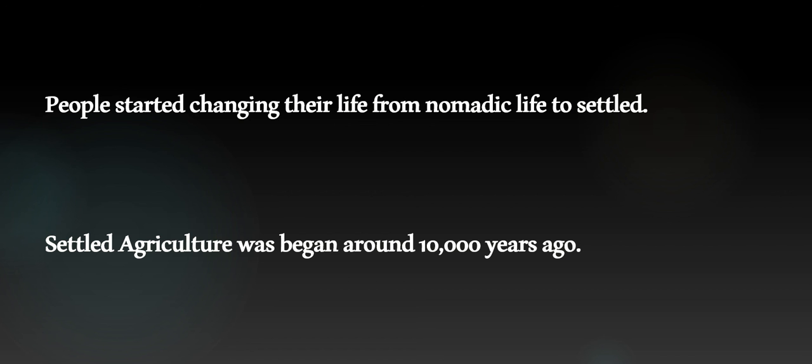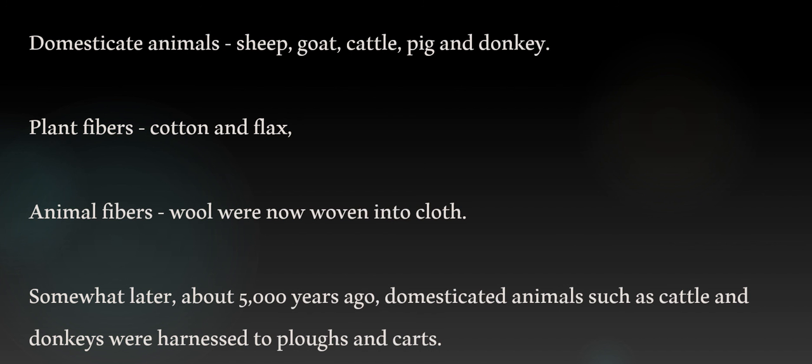In this process, agriculture also began around 10,000 years ago. This is one of the important points which you need to keep in your mind. And I repeat, settled agriculture began around 10,000 years ago, and the domesticating of animals also started.